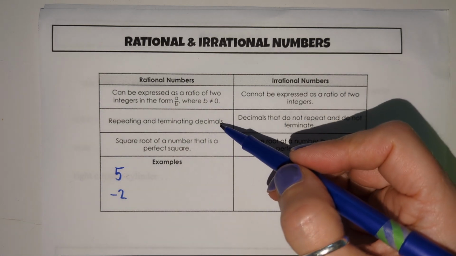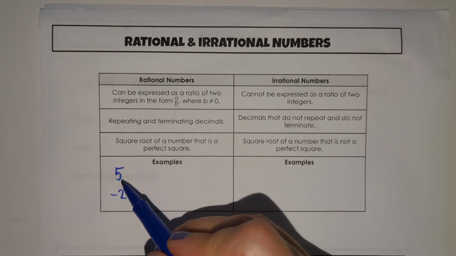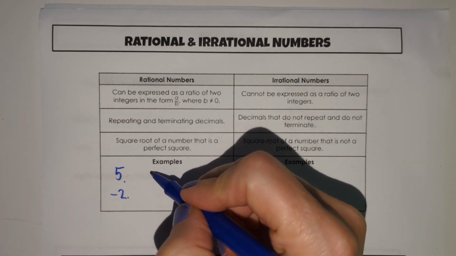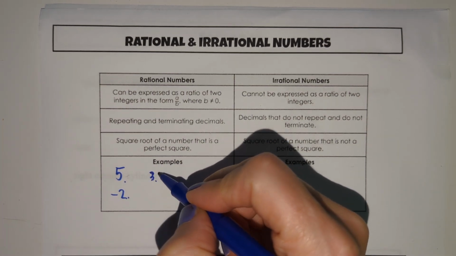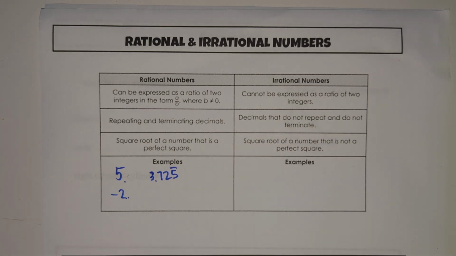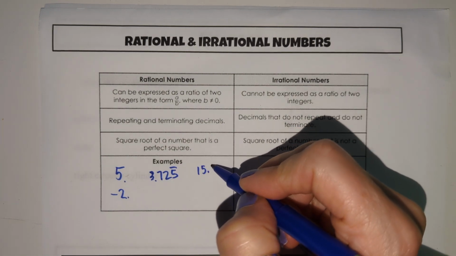If I look at my decimals, so if I have something that has something after my decimal, both of these have decimals. If I look at repeating, so I might say, let's see, 3.725. And if I put a line over that 5, that's now repeating. So that counts as rational. Or I could have 15.6.